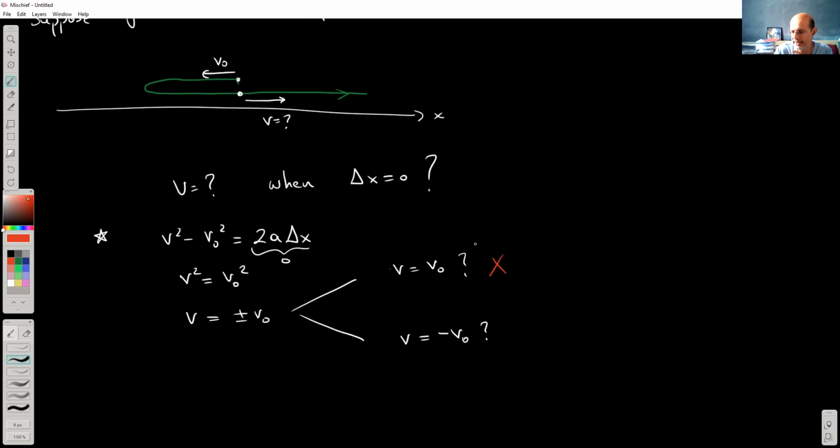And I have to decide which one is which. So the first one corresponds to the initial point because V0 is the initial velocity, both in magnitude and sign. So because of that, I eliminated this. The point in here is this: in part B and C, there is this condition that I express in here, that the displacement is equal to 0.